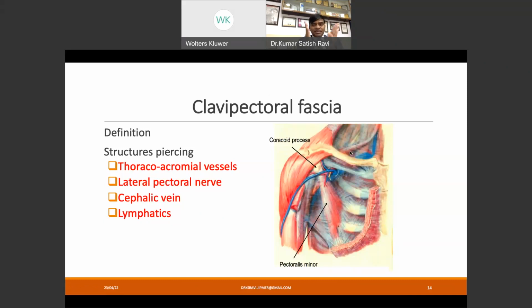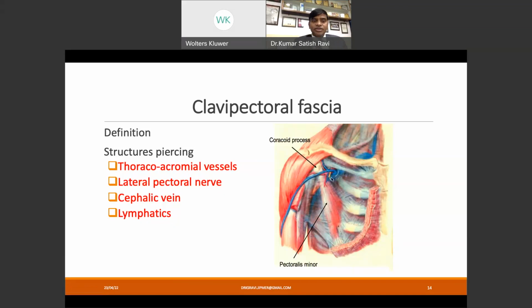Both slips of the clavipectoral fascia join together and become one, and then it divides into two. It encloses the pectoralis minor muscle, then again the two slips unite.